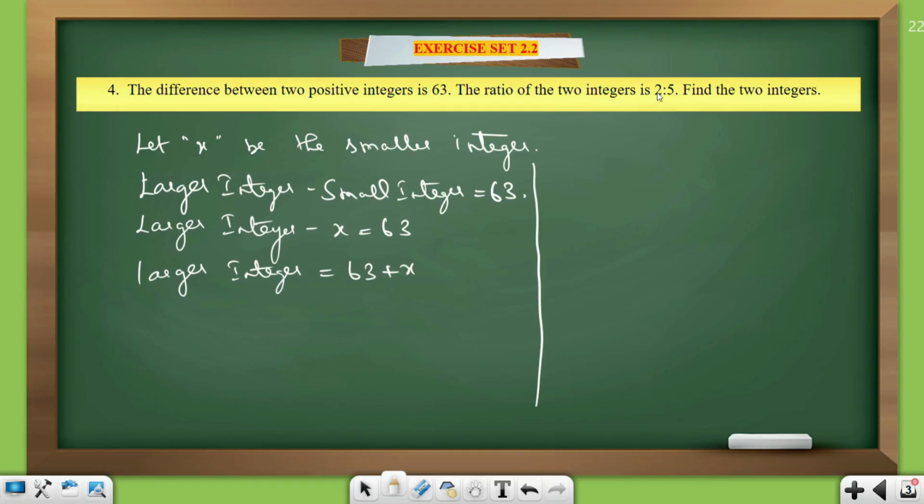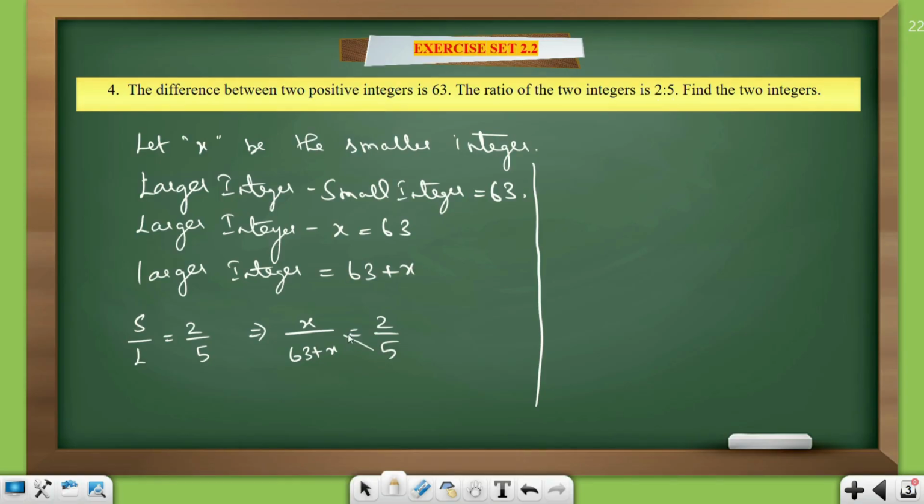The next clue is the ratio of the two integers is 2 is to 5, which means smaller and larger, because the smaller one is 2 and the larger one must be 5, right? So the second clue is smaller divided by larger equals 2 by 5. We can write a ratio in terms of division, so smaller is x and larger is 63 plus x, which equals 2 by 5.